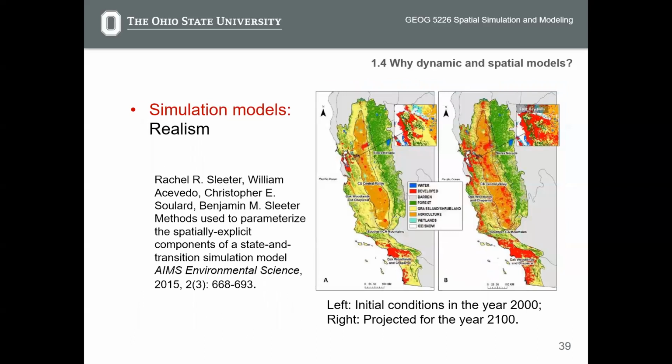Simulation models are pursuing realism. Here we can say it's a research about the prediction of land cover change from the year 2000 to the year 2100.